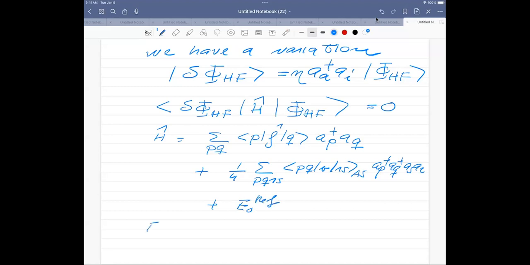And remember that this E0 ref is something which we defined to be the sum over the states below the Fermi level, and this integral here, plus a 1 over 2 sum over ij of ij, a new integral, and this contains the direct term and the exchange term. And then we put this anti-symmetrization sign again under it.